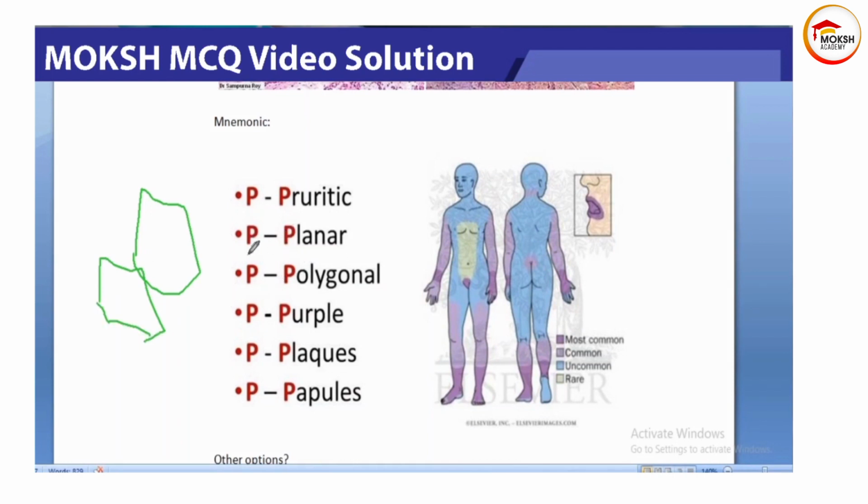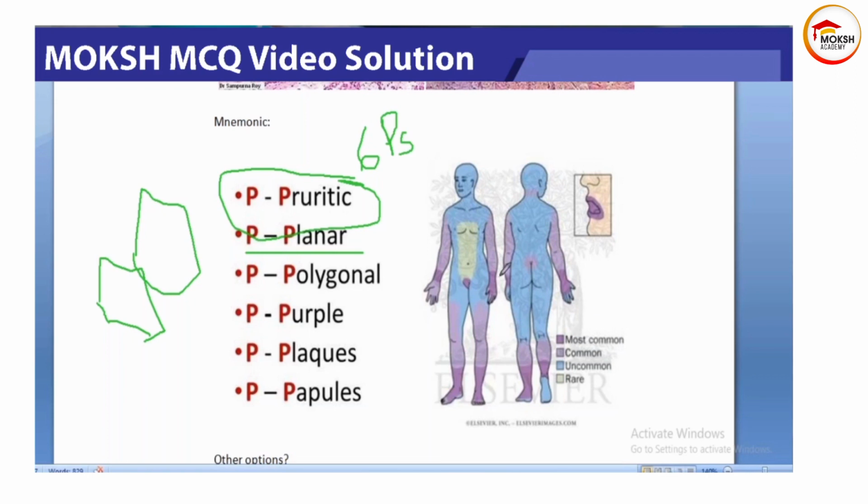It is planar, which means it has a flat top, so if I touch it, the top will be flat. And it is pruritic, which means it itches. These are the 6 P's of lichen planus that you are supposed to remember.